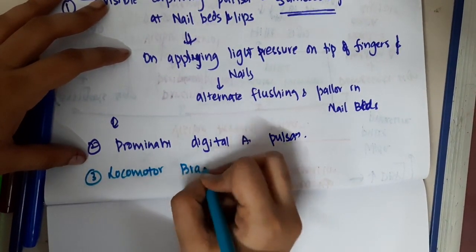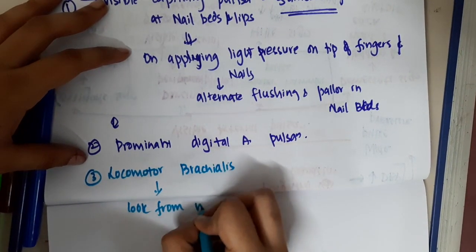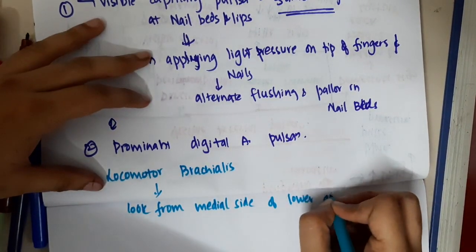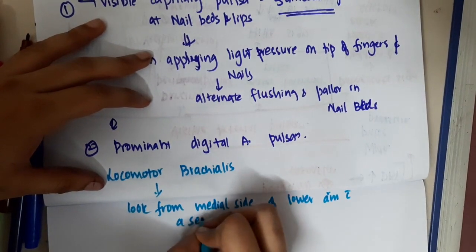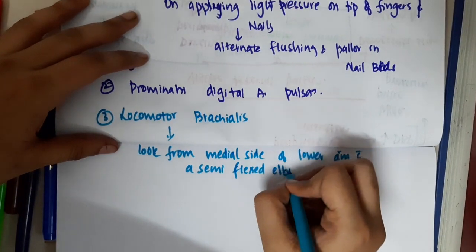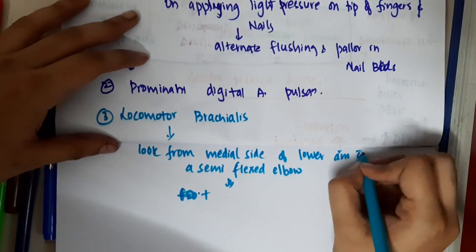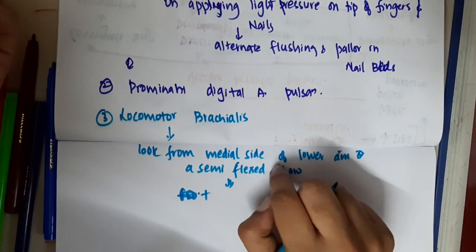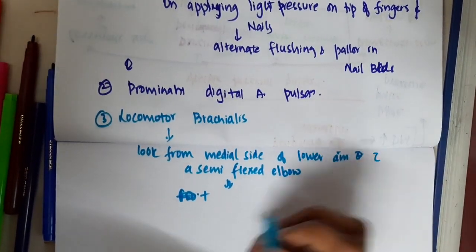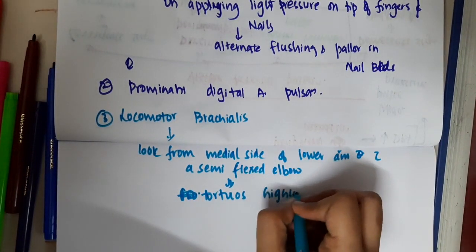In this, if you look from the medial side of the lower arm with a semi-flexed elbow, you will see tortuous, highly pulsatile vessels.